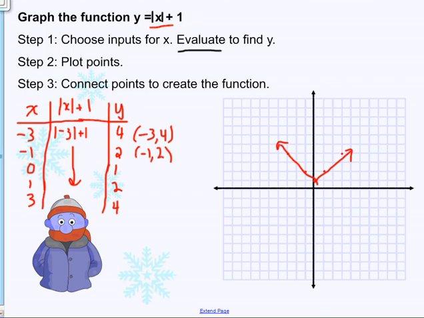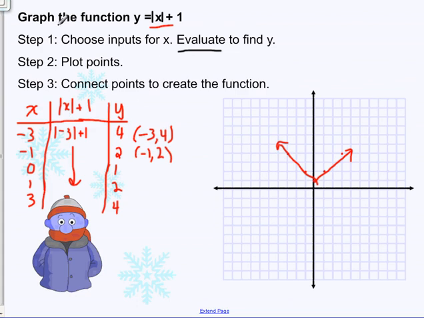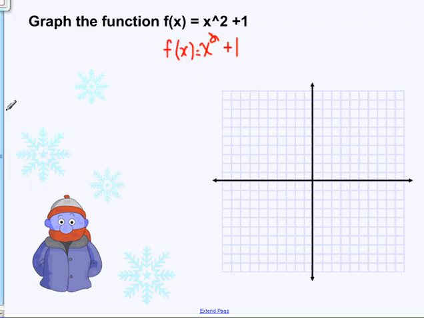All right, so the next one we have, I'll just rewrite it. I know sometimes computer math talk isn't the best. So we have x squared plus 1 equals f of x. We can go through these 3 steps again using this particular function.